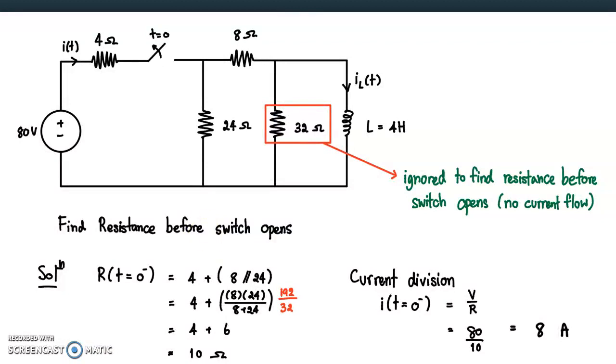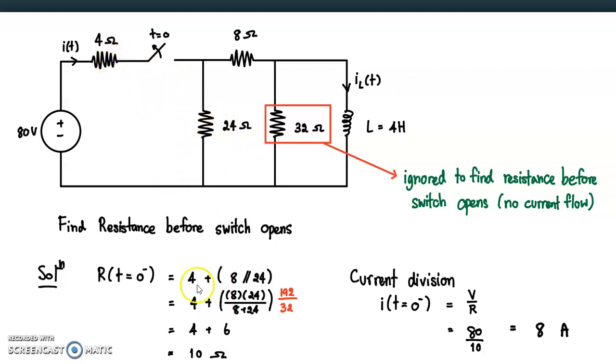To do that, we have to find an equivalent circuit first. So we ignore this, and we can see that the 8 ohm resistor is in parallel with the 24 ohm resistor. We use our formula, and then we obtain 6. Once we obtain 6, we know that this 6 ohm resistor is in series with the 4 ohm resistor.